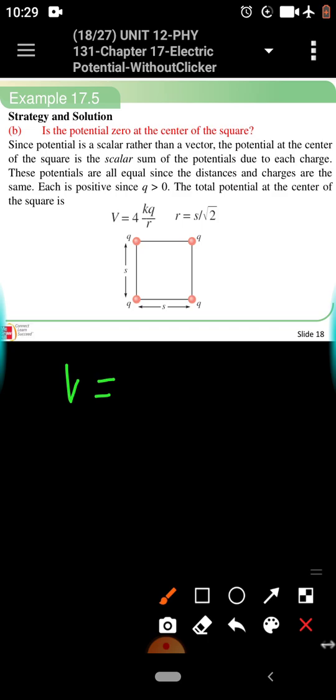Actually the r's are the same, so this is adding four of the same thing.